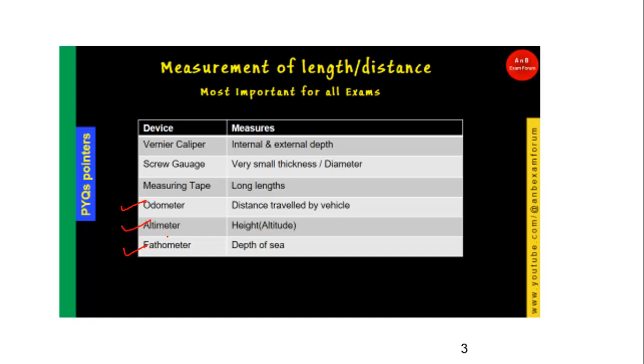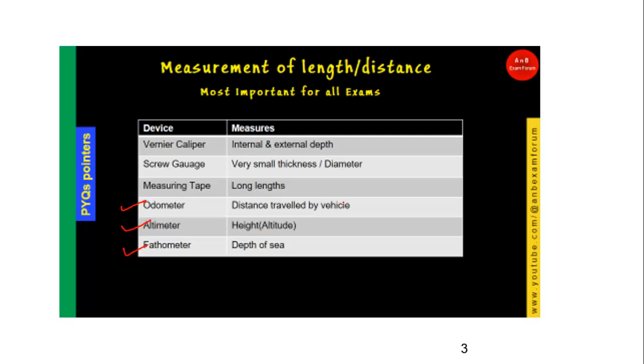The altimeter measures altitude, which is your height from the ground. And odometer is used to measure the distance traveled by the vehicle. All such pointers we have seen in our theory classes.